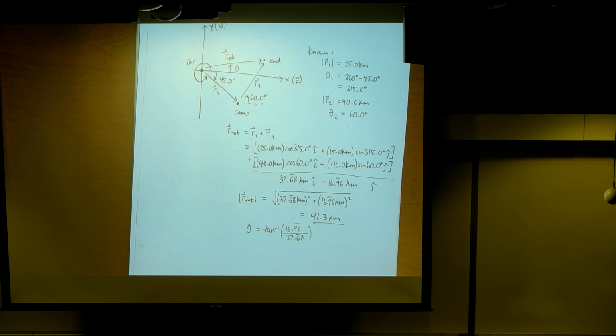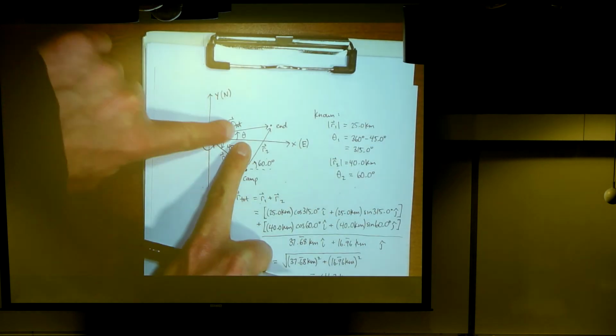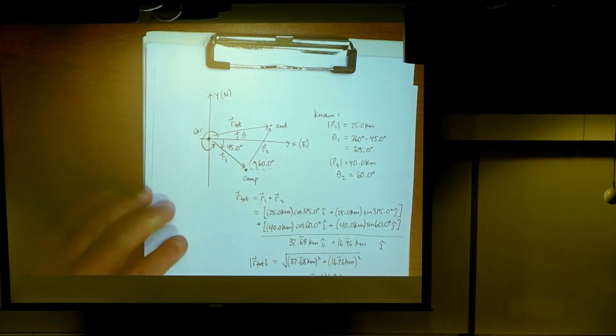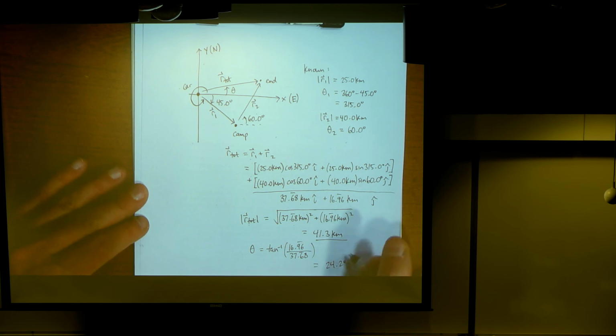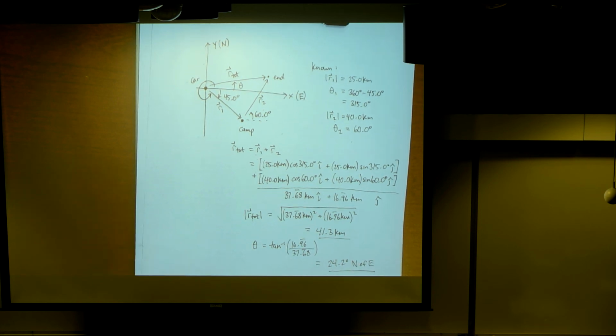Take the inverse tangent of that, and what you get is 24.2 degrees, measured this way. Okay? So using our directions on the map, we can say that it's 24.2 degrees north of east. Okay, that's how you do this one.